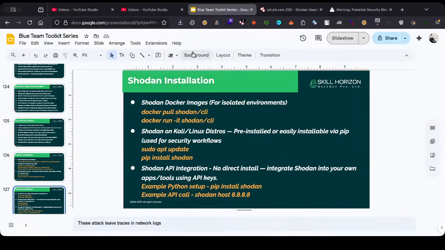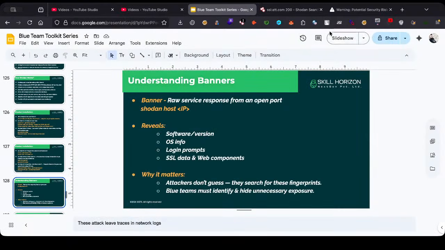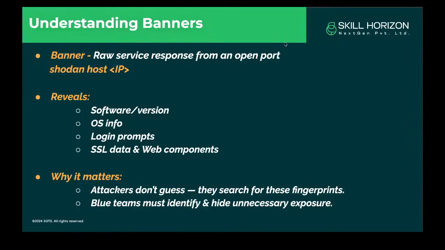So what actually is a banner? A banner is basically information. The banner is something like a raw response from an open port. It reveals information about software version, operating system information, some login prompts, the SSL data, or web components.